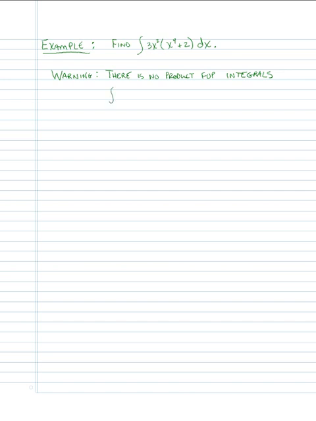It would be tempting, when we're faced with a problem that looks like this, to say, why don't we just take the integral of the first part, the integral of 3x squared with respect to x, and then multiply that with the integral of x to the 4th plus 2 with respect to x.